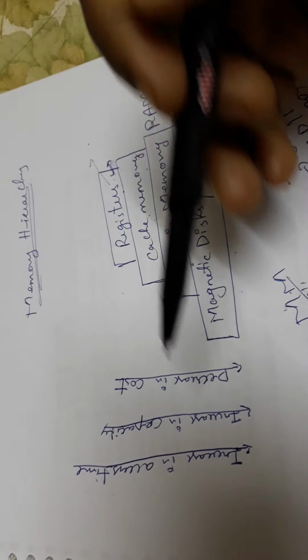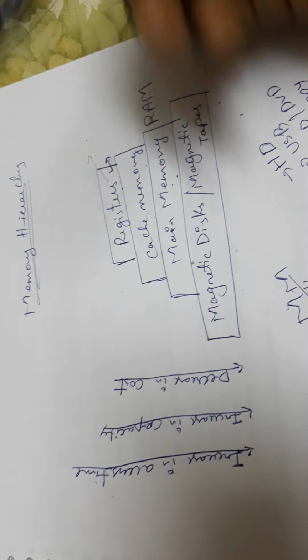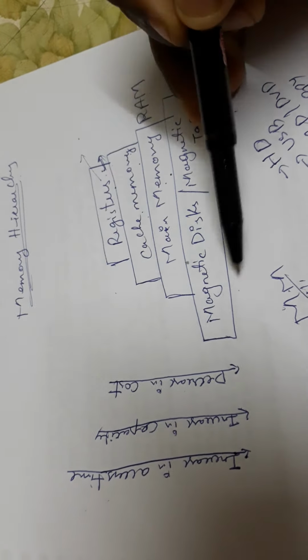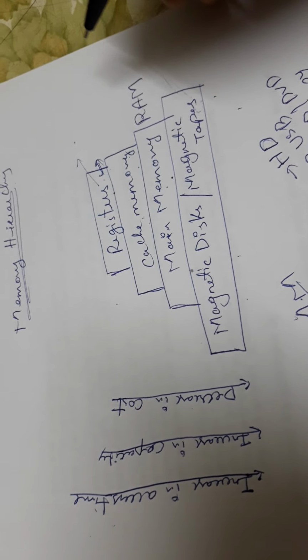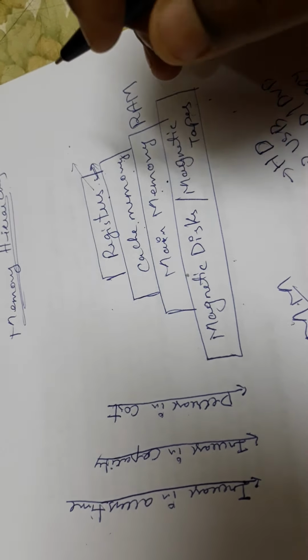The next factor which increases is the access time. From top to bottom, there is an increase in the access time. Now what do you mean by access time? Let me define it. It is the time taken by the processor to identify a particular program in the memory.